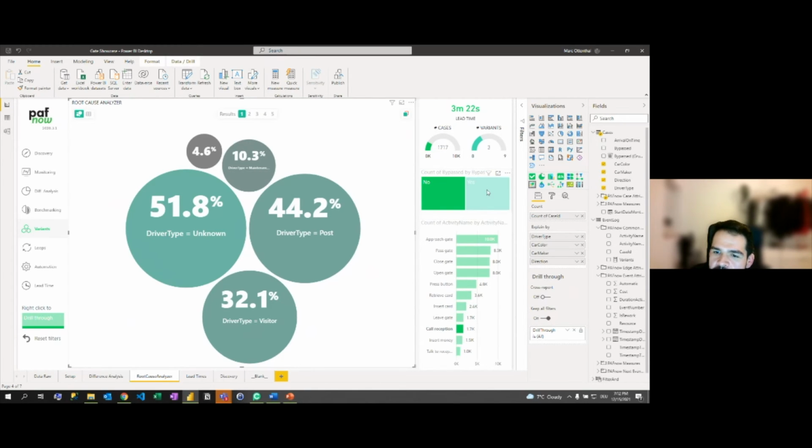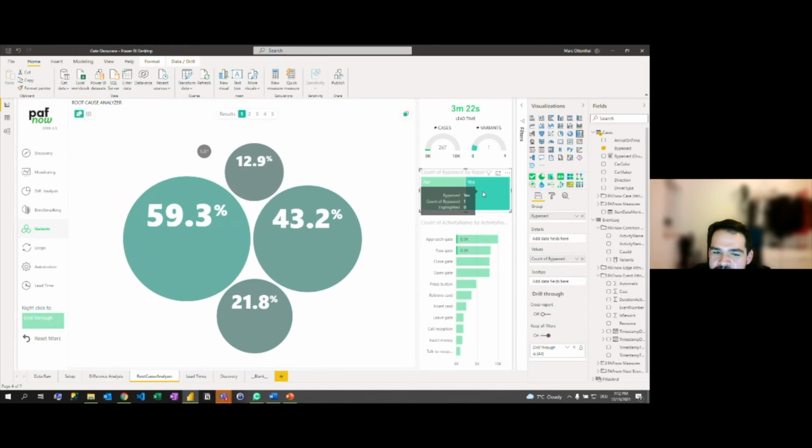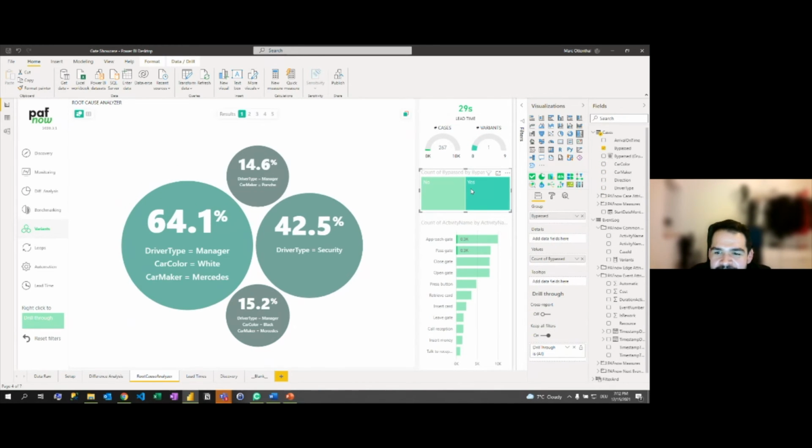Aha, interesting. What could we else do? Well, let's focus on driver type bypassed. Let's see who actually bypassed. Aha. So apparently for everyone who bypassed, for the 267 cases, right, a lot of times there was a manager in a Porsche. There were some managers in a white Mercedes, manager in a black Mercedes, and apparently sometimes security.